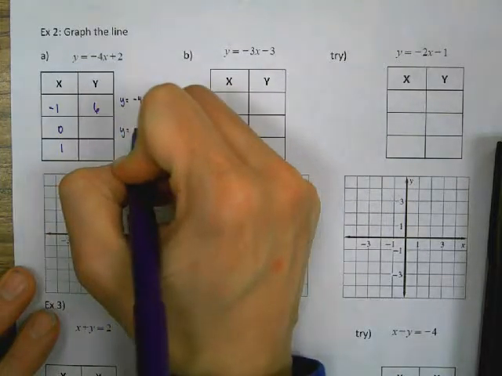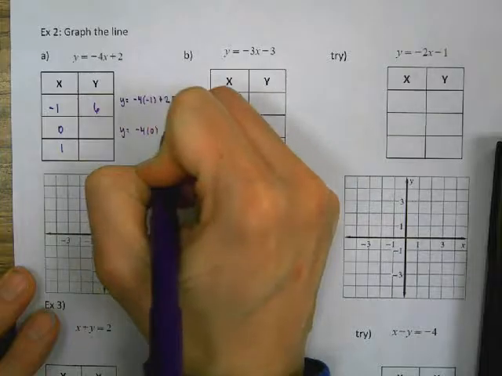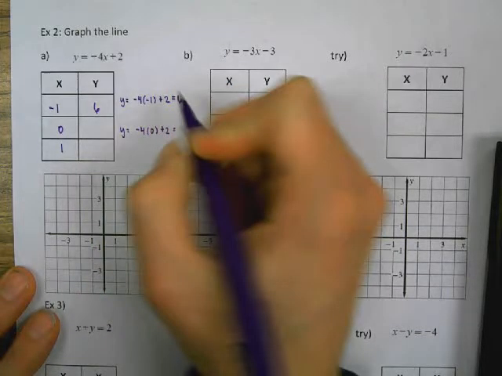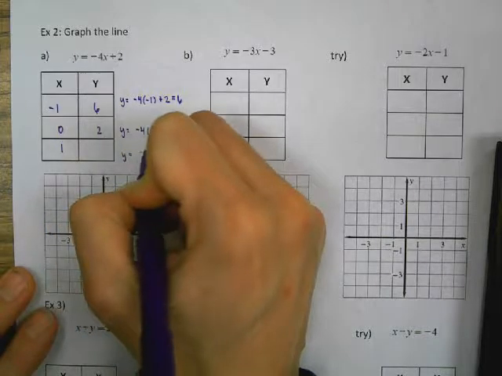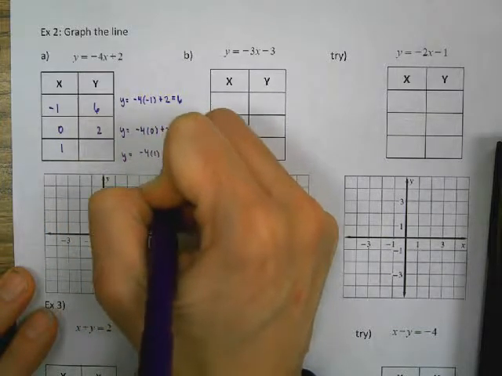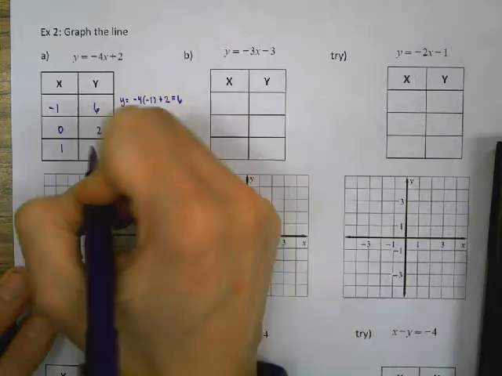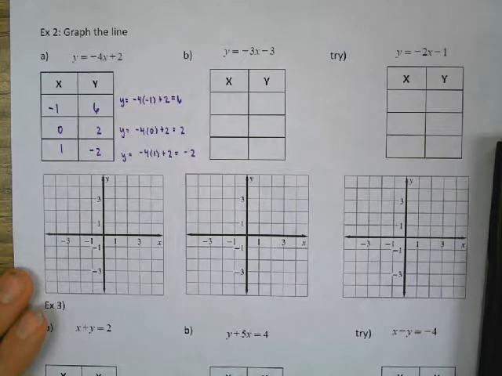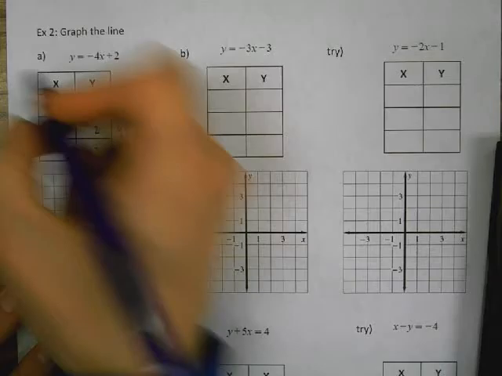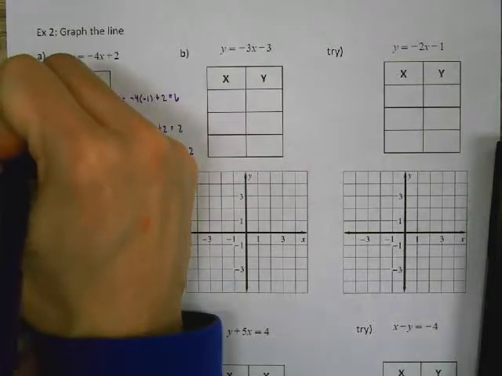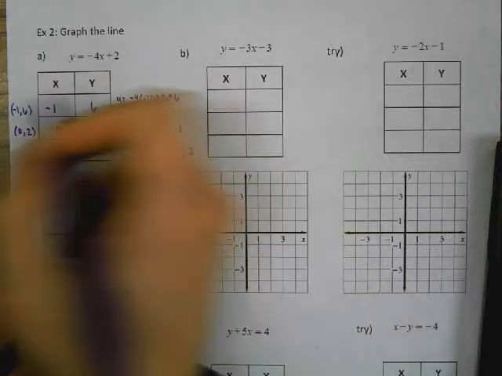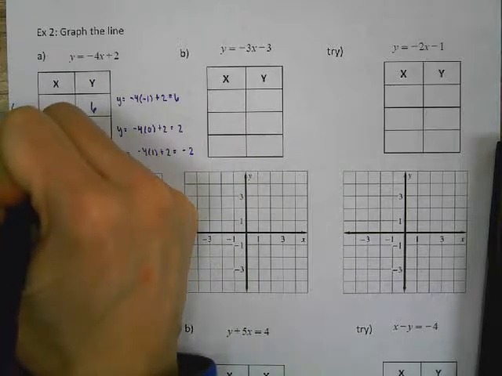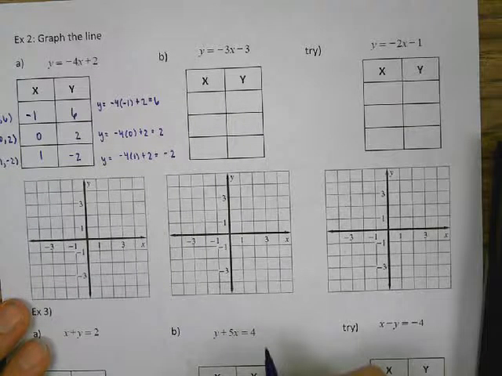Okay, same thing here. y equals -4 times 0 plus 2 gives me a +2. And lastly, -4 times 1 plus 2 is a -2. So again, I've just generated 3 ordered pairs. I'm going to put them off to the left. So I have -1, 6, 0, 2, and 1, -2.